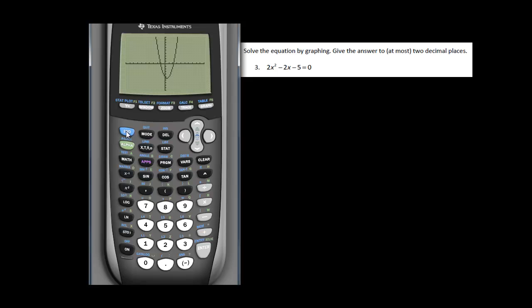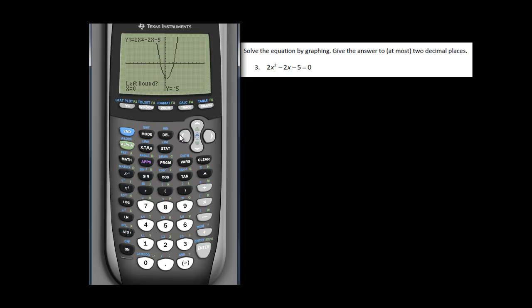So to do that, I hit second trace, which is the calc function. You want to calculate the zeros of the function. So you hit 2. It's going to ask 3 questions. The first is left bound. The left bound going from left to right is going to be any space just before you hit the 0.